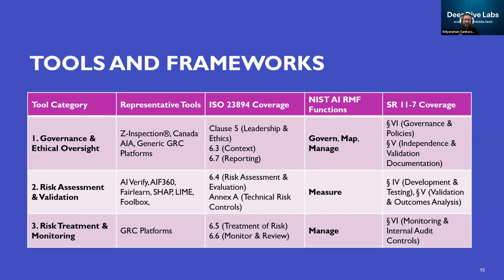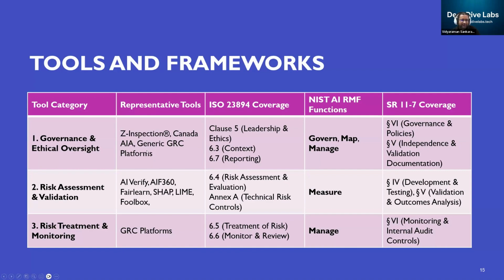This is a summarization purely based on convenience, just to communicate the specific point here about what tools we can use for satisfying some of the categories and the requirements in these frameworks. So some of the representative tools here for governance and ethical oversight are Z-Inspection, the Canadian AIA, and some generic GRC platforms as well.